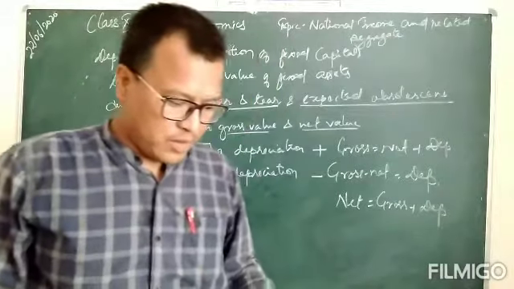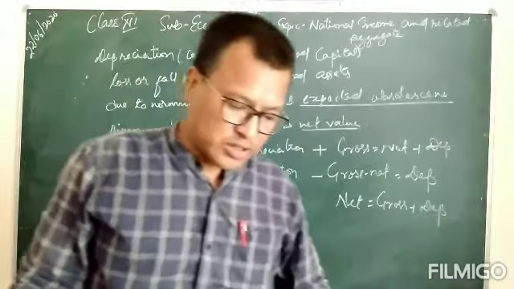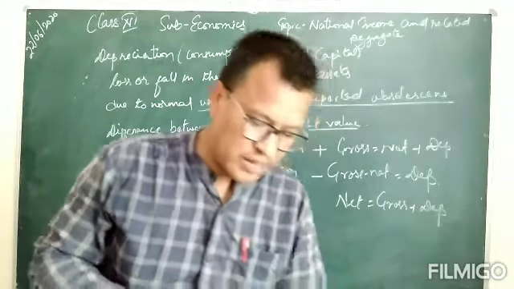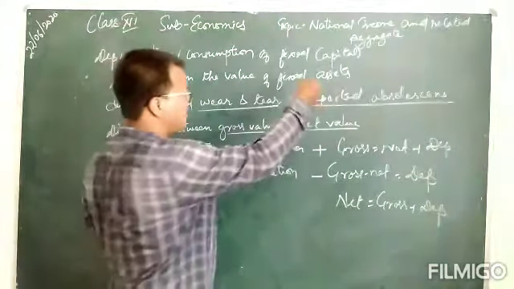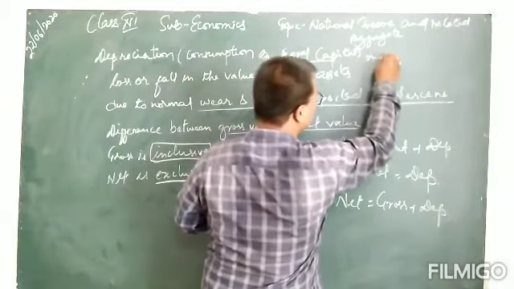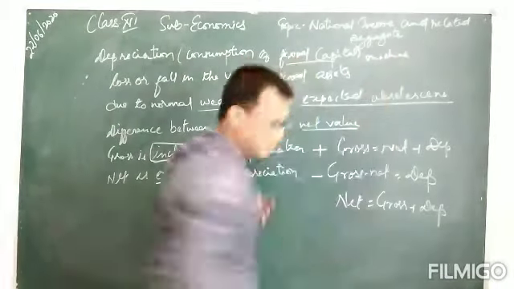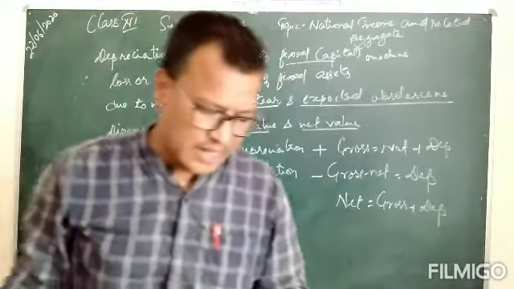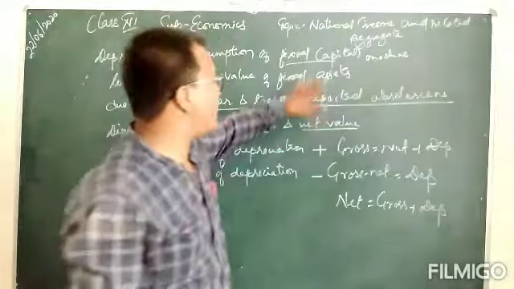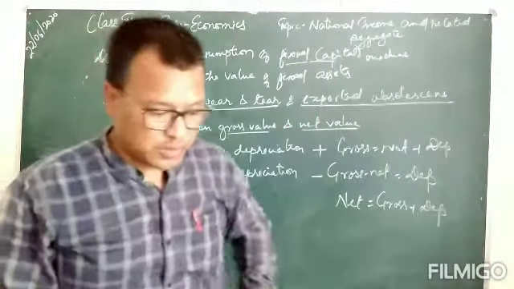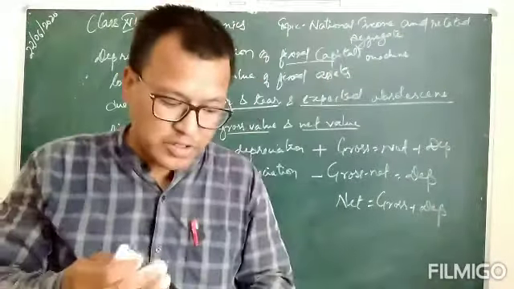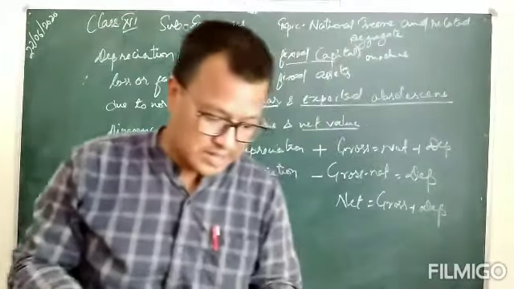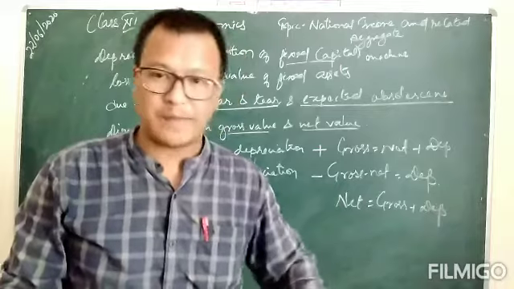During the production process, the productive capacity of fixed assets, for example machines, tools, trucks and engines, which are all our fixed capital, goes on declining.